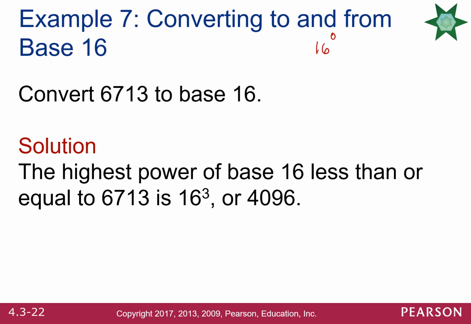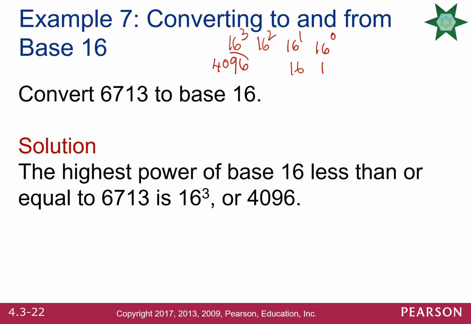If I write the positional values here, it would be 16 to the power 0 on the extreme right, which is a 1, then 16 to the power 1, which would be 16, then 16 squared, 16 cubed, and 16 cubed has a value of 4096.